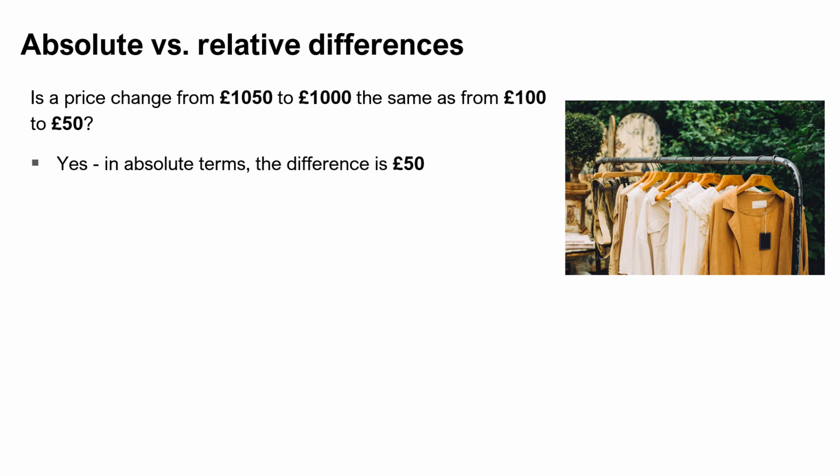So obviously, yes, if we're talking in absolute terms, the difference is £50. So that is the same in these two scenarios. But if we're looking at this in relative proportional terms, there is a big difference in that this change proportionally is a lot smaller in the first example than it is in the second example.